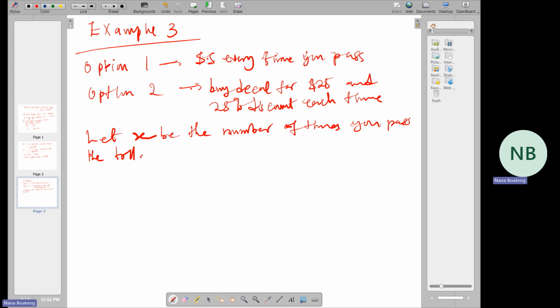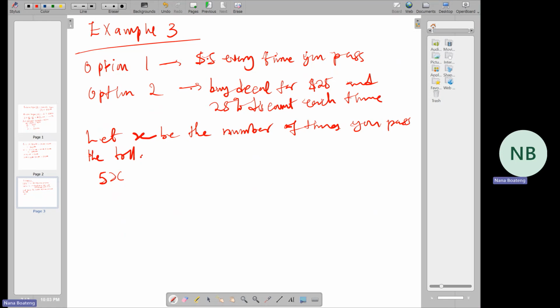All right. So the option one, each time you pass the toll, you are charged $5. So the total cost with option one is 5x. And so if you make X number of trips, then your total cost using option one is 5x.